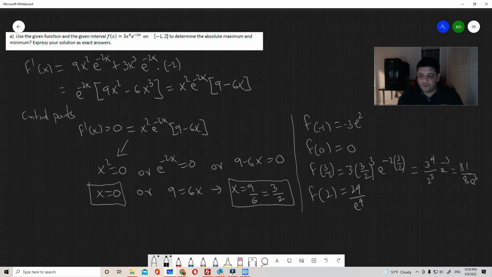So now it's just a matter of computing which values are going to be bigger. Clearly, the negative number is going to be our absolute minimum. And so it's just a matter of checking what's going to be the maximum. This is not going to be the maximum because they're positive numbers.